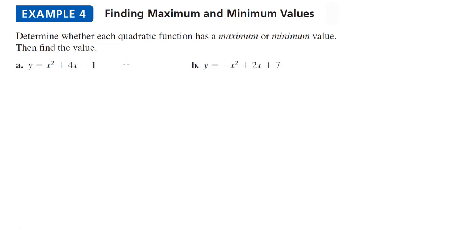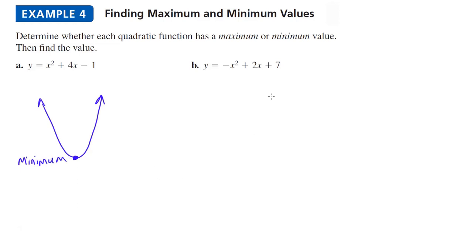All right, so now for our next example here, finding maximum and minimum values. Now remember that the graph of a quadratic function is a U-shape called a parabola, and that graph can open upward or downward. What determines how it opens is the a value of the function. If the a value is positive, like here in example A, we have y equals positive x squared plus 4x minus 1, then that parabola opens upward, and that makes the vertex of that parabola the lowest point on the graph, which would mean the y value of that vertex is the minimum value for the quadratic function.